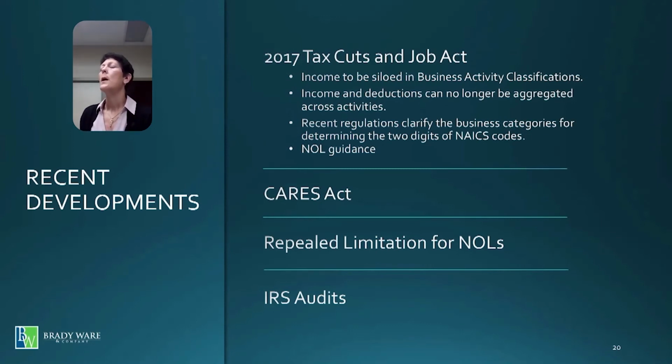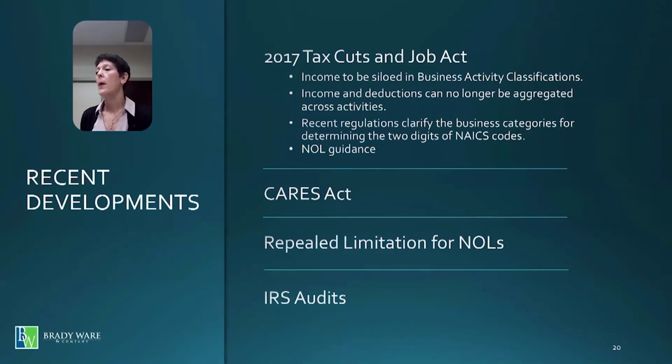I'm still only doing one 990-T, but I have to track my income by those silos. And if my parking garage has a loss and my cafe has income, I can't take the loss from that parking garage and offset it against my cafe income. So that was a big change.